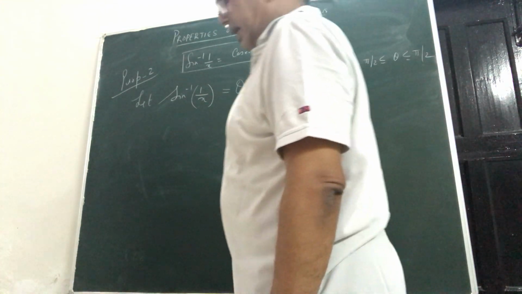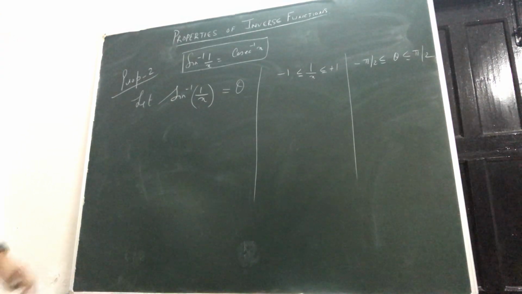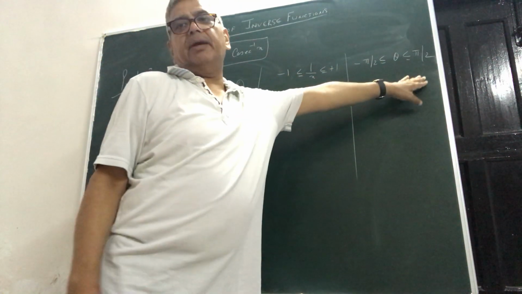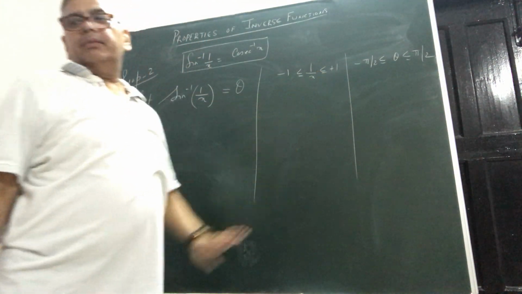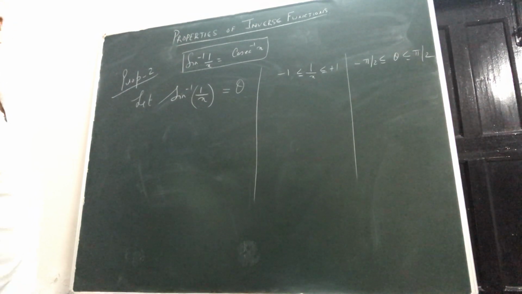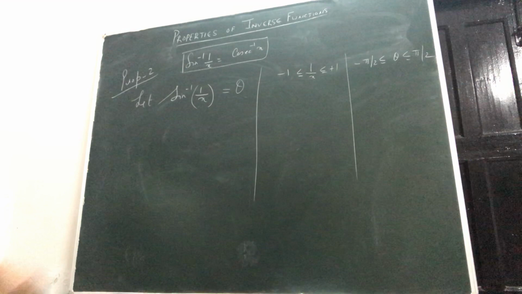These are the principal branches, because the principal branch of sine is minus pi by 2 to plus pi by 2, and the value of sine in its principal branch will be minus 1 to plus 1. So theta is there.